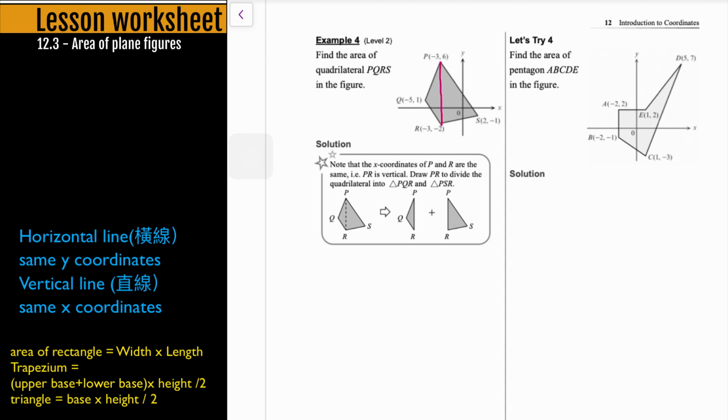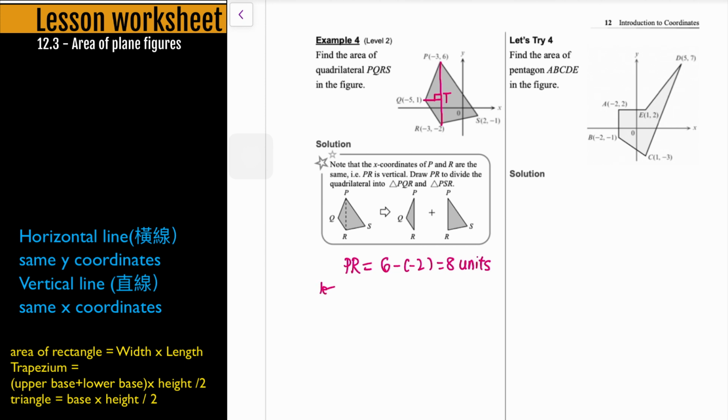So first of all, PR equals 6 minus -2, which is 8 units. And then for the height, we can just add 1 point. So we got PQRS, and maybe a T here. If you have the figure with you, draw it on the figure.